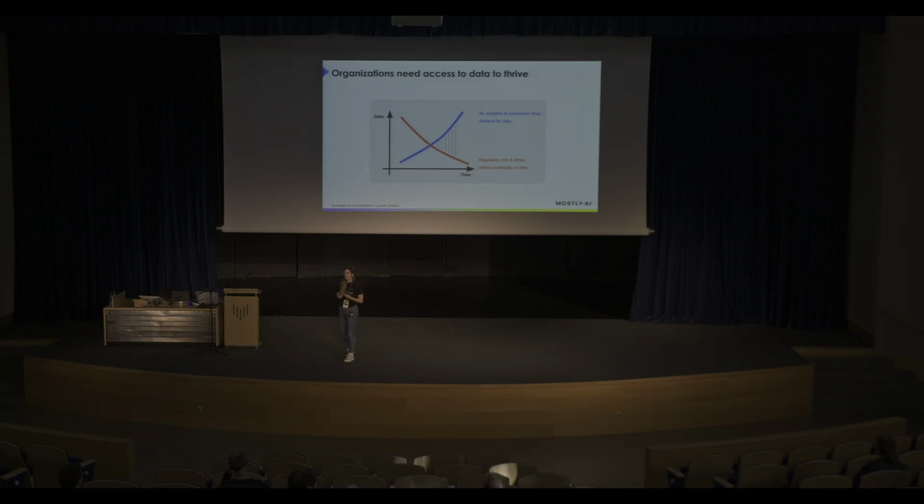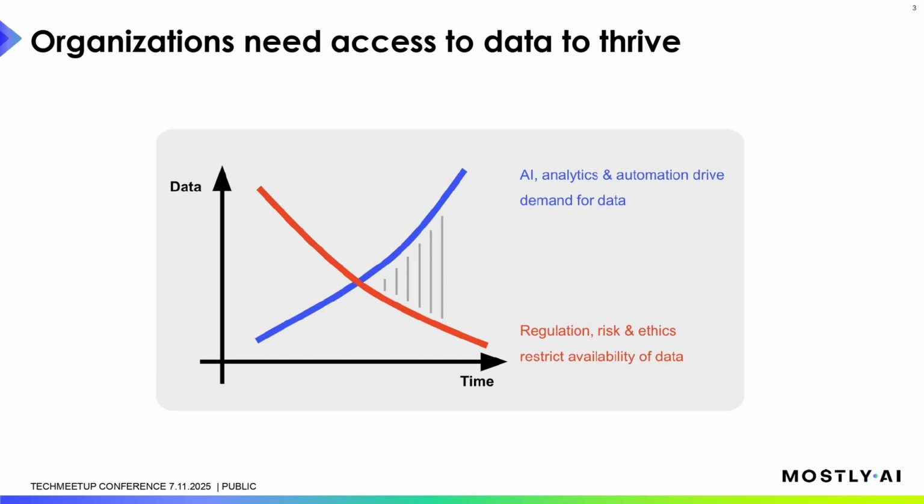What I'm talking about is sensitive data. Imagine healthcare, finance. I can imagine that you would not be happy if your personal medical data or your bank transaction history would be used freely by other people. And that's why the regulation comes in, and that's why there is this restriction.